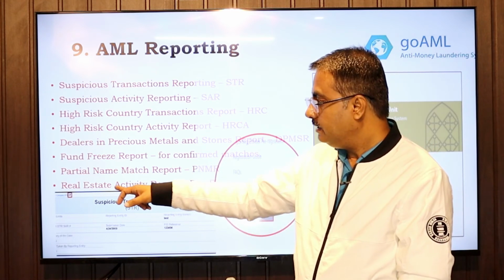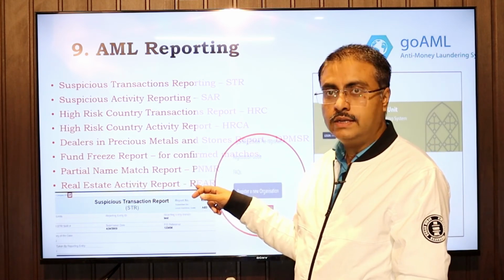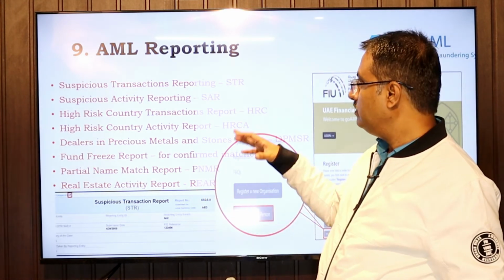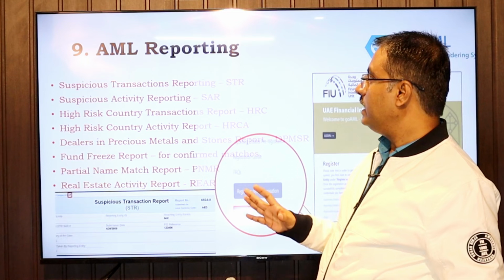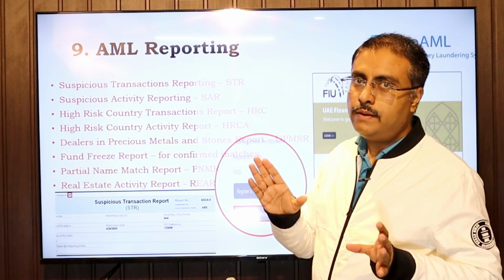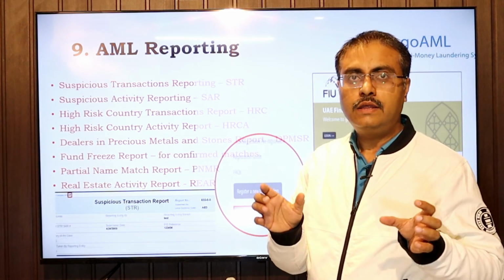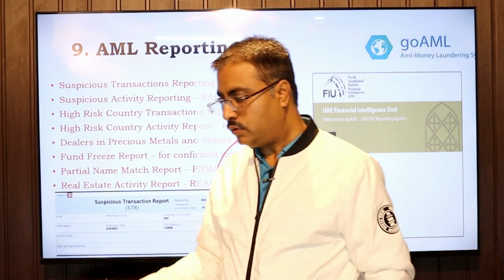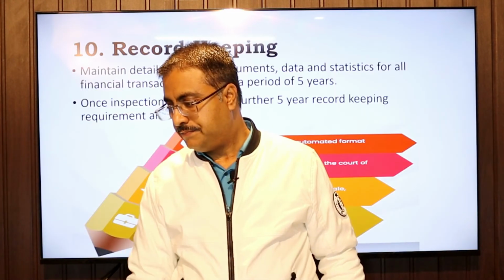As I said, real estate transactions have to be reported in REAR. This AML reporting is done in the GoAML software, the UAE FIU software. So GoAML software is used by the UAE.